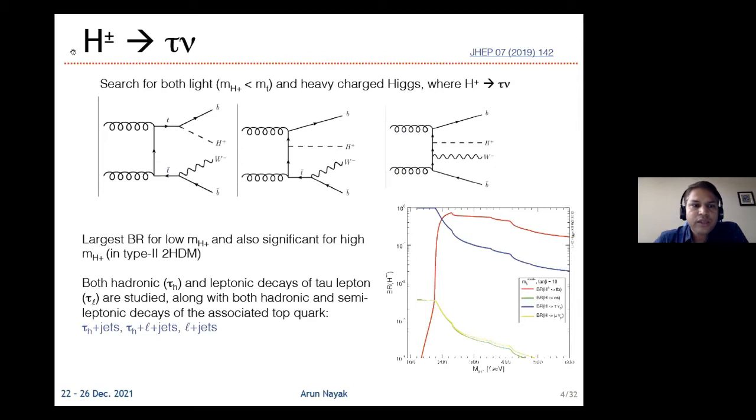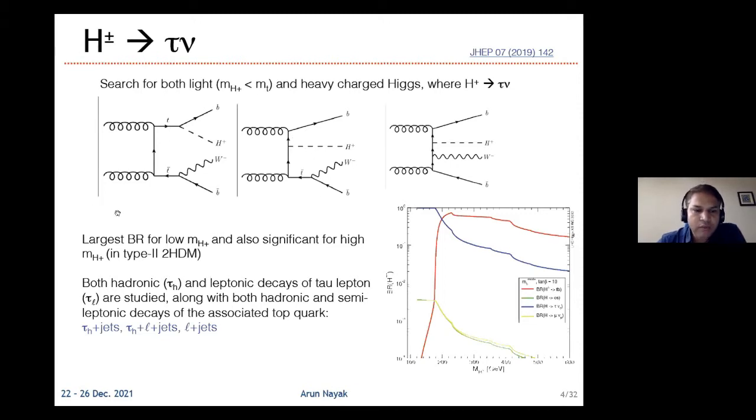Okay, so the first analysis is charged Higgs decaying to tau nu. This analysis covers both the light charged Higgs search as well as the heavy charged Higgs search, where the charged Higgs decays to a tau and a neutrino. For the light charged Higgs, as you can see, the charged Higgs comes from the decay of the top quark, and for the heavy charged Higgs, both kinds of diagrams are included.